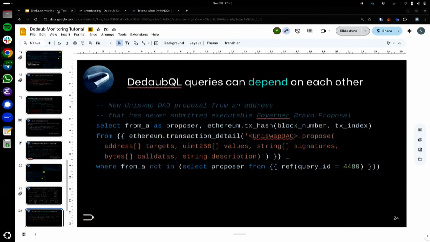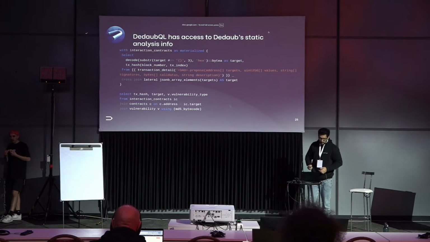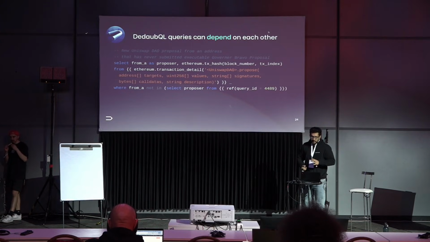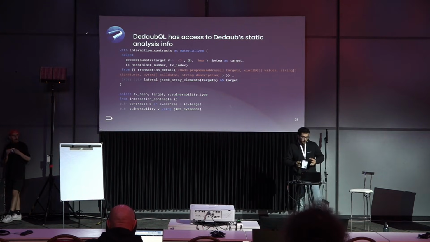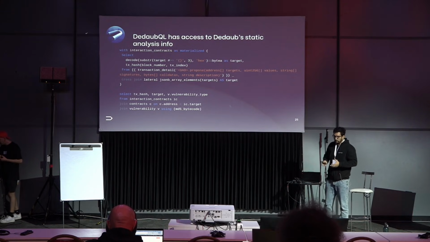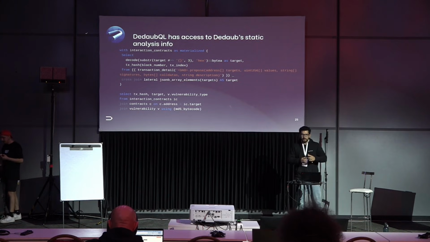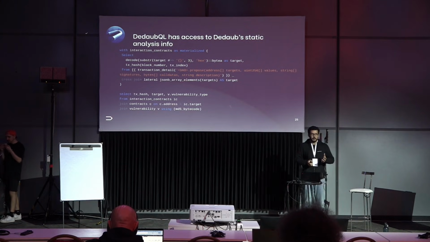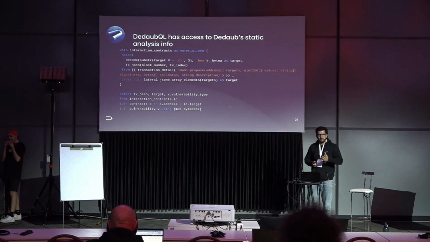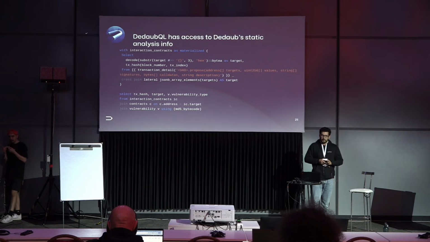So now let me show you something else. One of the things that Dedaub is known for is the decompiler and also the vulnerability scanning tools. And it turns out that all of that information, all the decompiled code and all the static analysis results, we make them available also in our database.